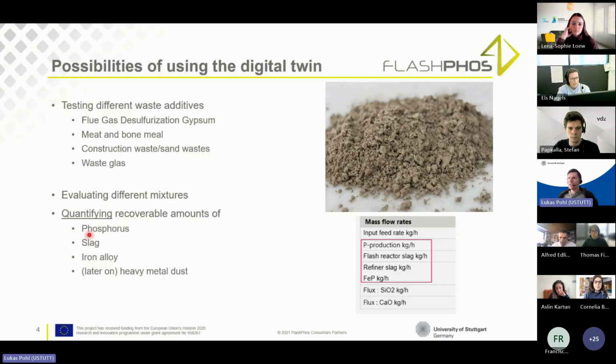Christian already mentioned, just to get you into the boat again, we are creating phosphorus slag, an iron alloy, and a heavy metal dust that was, let's say, more specified later on in the digital twin. And this picture is, for example, flue gas desulfurization gypsum as an additive. But we could find out that we are using others.